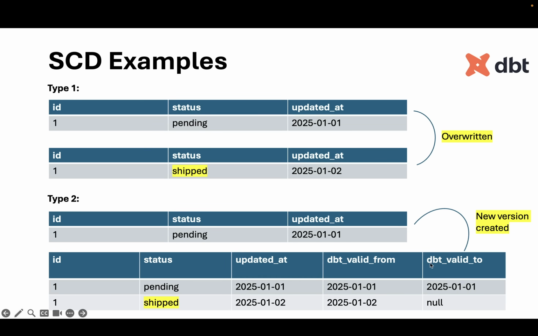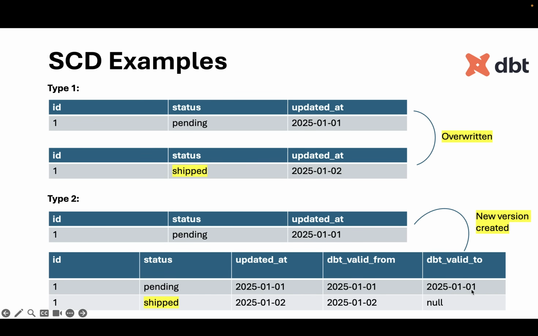These are basically used so that your data can be versioned correctly. In this case, we can see the original order when it was created, and it was valid from 2025 January. So basically it will put the date when it was created as valid from.